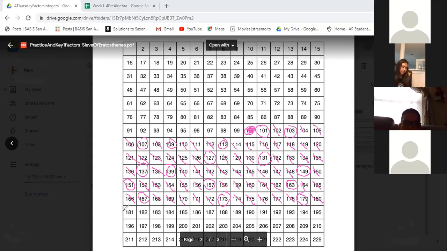181 is circled. 182 is crossed out. Oh boy, that was really bad, but yeah. 183 is crossed out. 184 is crossed out. 185 is crossed out. 186 is crossed out. 187 is crossed out. 188 is crossed out. 189 is crossed out.